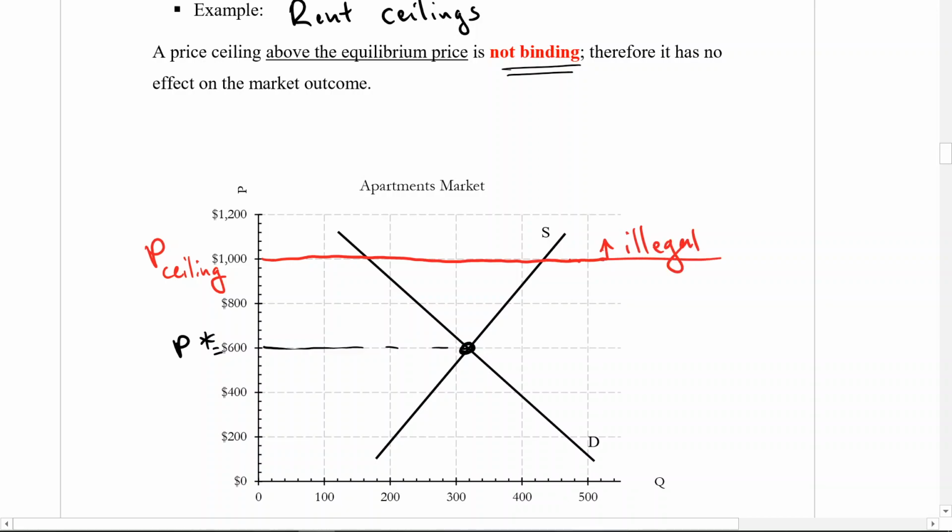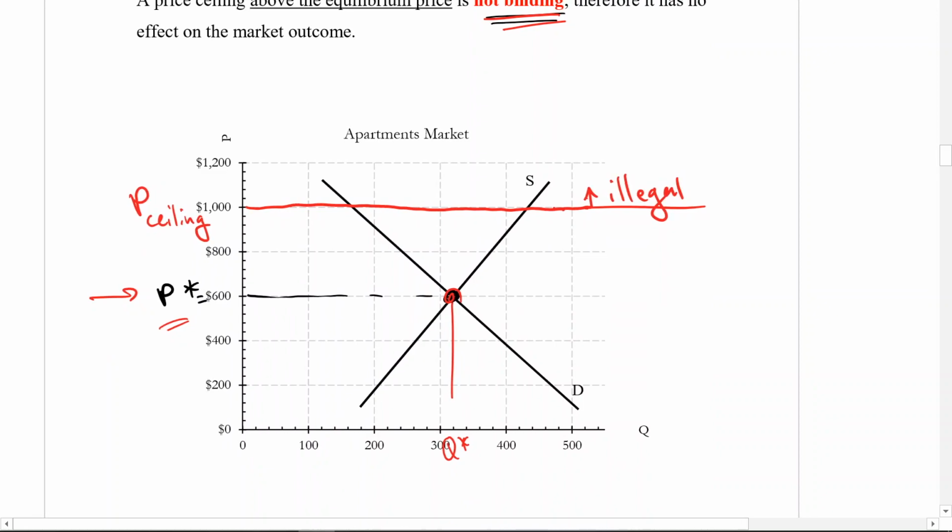Here, the market reaches a point where the equilibrium price is below the legal limit, so it's actually no problem. If the price ceiling is above the equilibrium price, we call it non-binding, and there's no effect. So the market still ends up right where it would have otherwise at P star and Q star, which is both the quantity supplied and quantity demanded. Non-binding case, not so interesting.